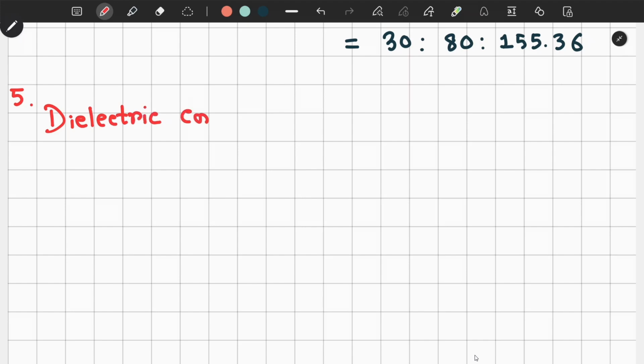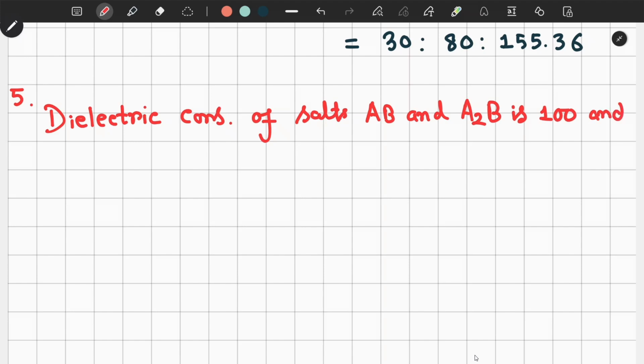Okay, so the dielectric constant of salts AB and A2B is 100 and 1 to 1.